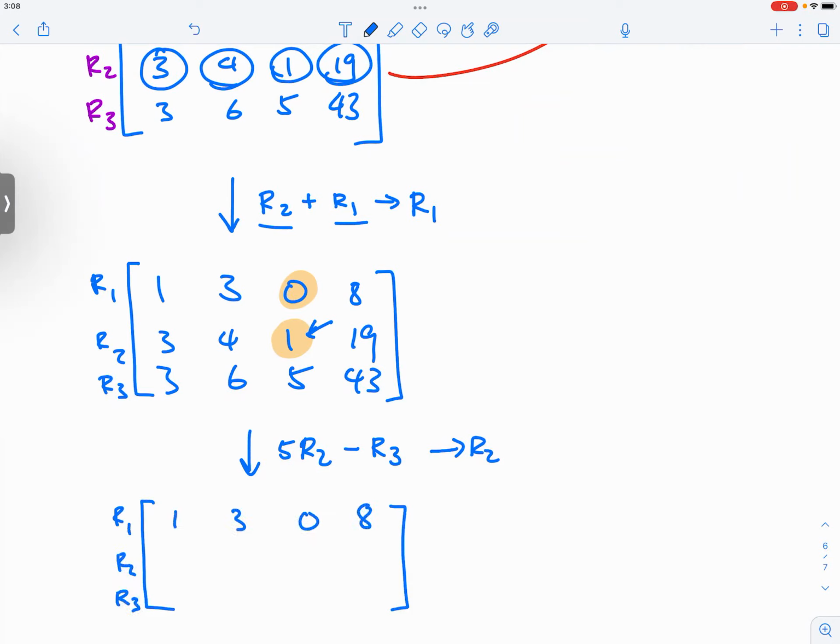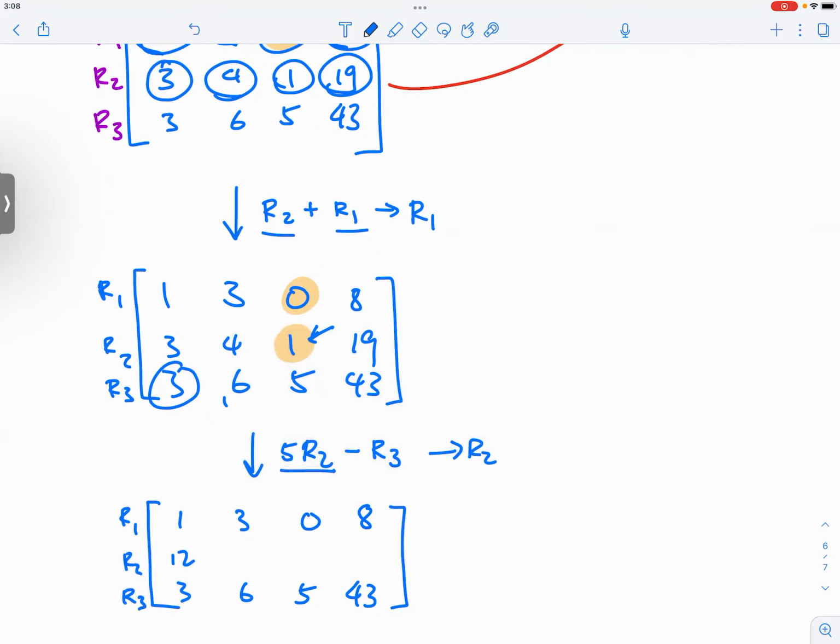So first row didn't change. Third row didn't change. So we kept writing the same thing. And now we'll go ahead and do 5 times 3 minus 3, which is 12. Oh, sorry, my bad. I totally messed up the calculation.